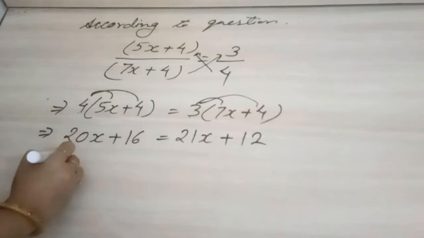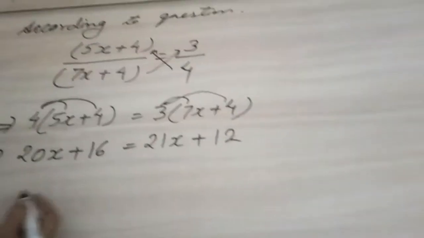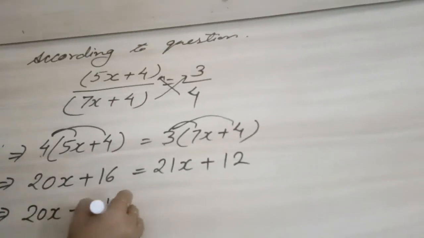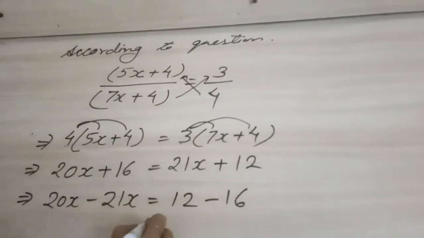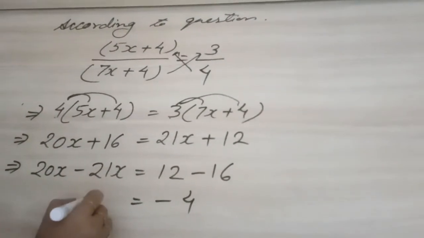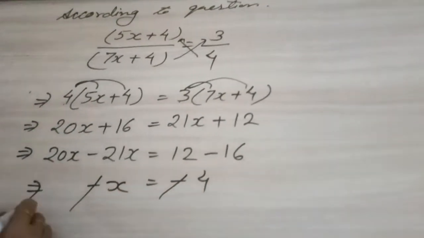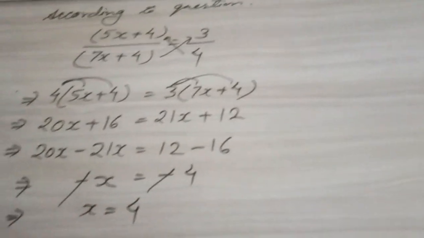Bringing the like terms together, I'll transpose. So 20x minus 21x equals 12 minus 16, so it will be minus 4, and here it will be minus x. Now minus and minus cancel. So x equals 4.